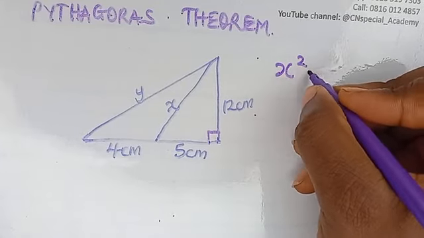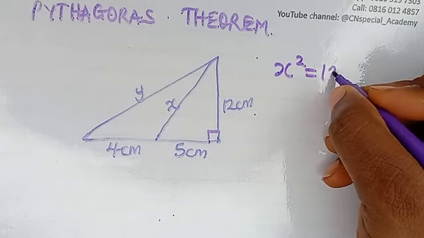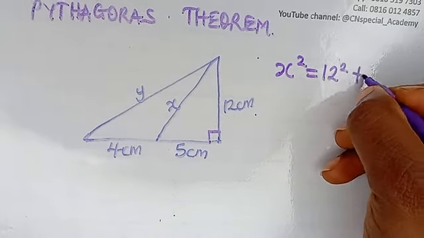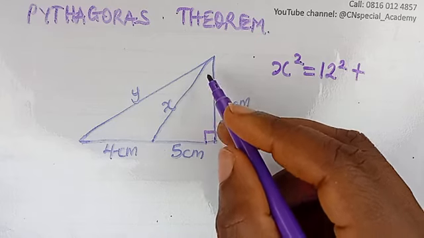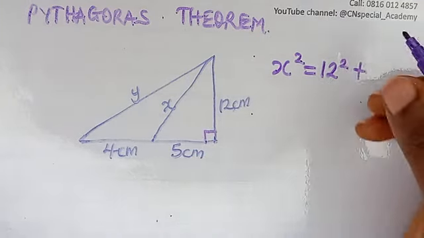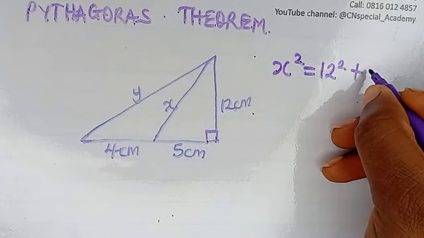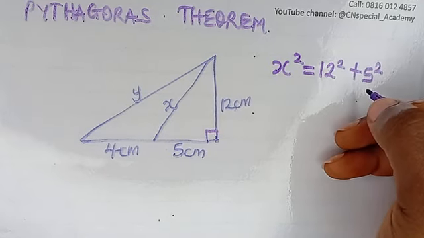So x squared is equal to this other side squared, 12 squared, plus the other side squared, which is 5, because for this part, this is just the length of 5. So 12 squared plus 5 squared.